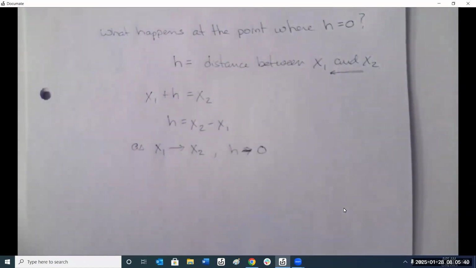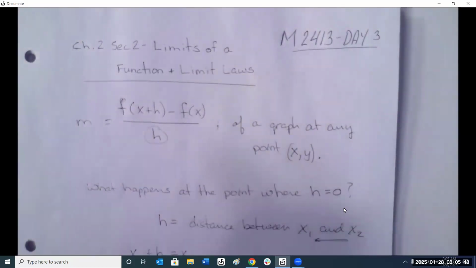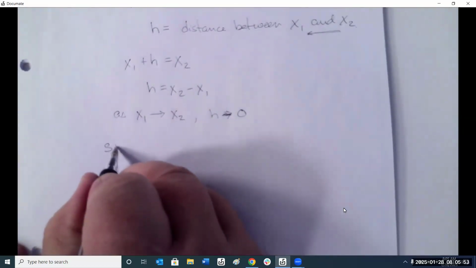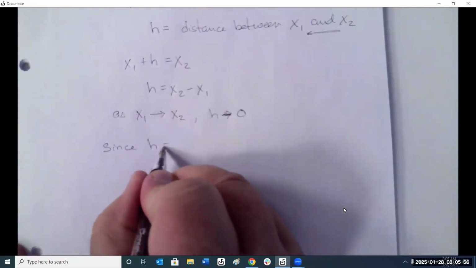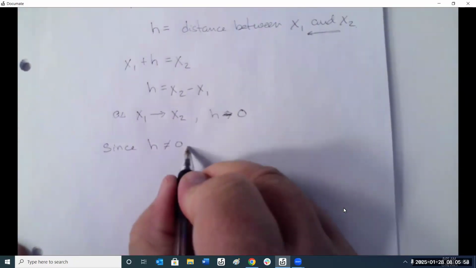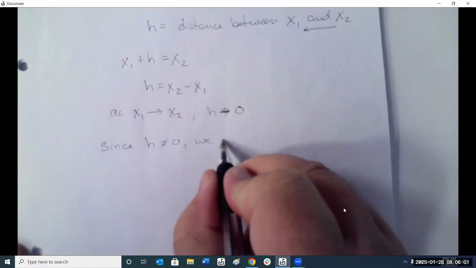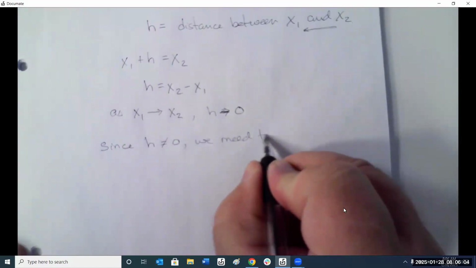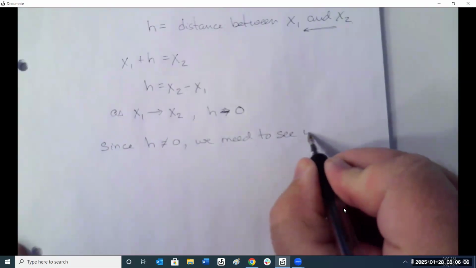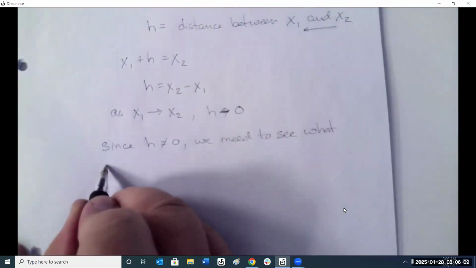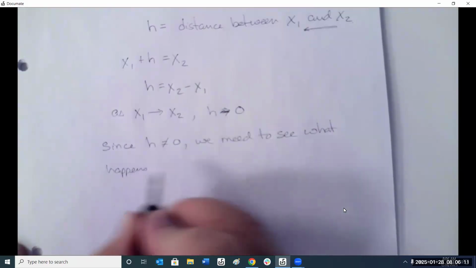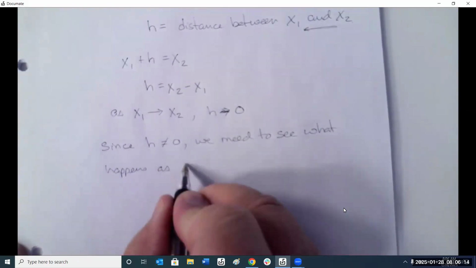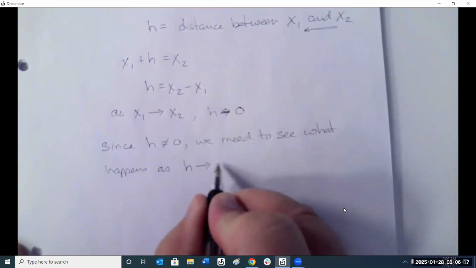Can it ever become 0? Well, remember, look at our formula. No. Since h cannot equal 0, we need to see what happens as h gets closer to 0.